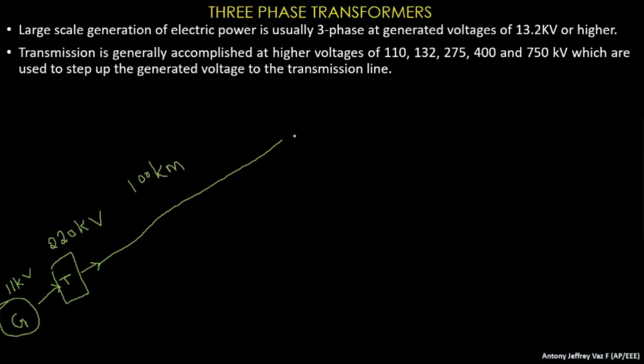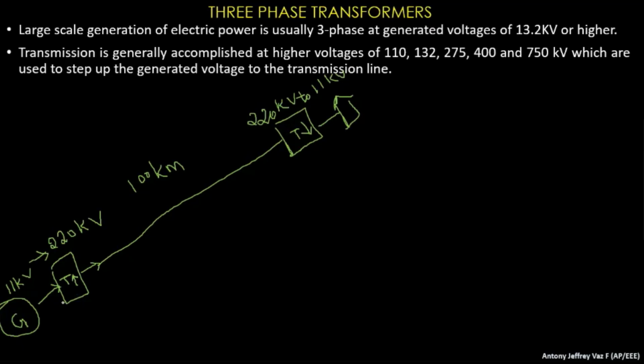Similarly, here you will have another transformer, which is a step down transformer. The first one is a step up transformer because it is converting from 11 kV to 220 kV, but here it will be converting from 220 kV to 11 kV. Here you will have your houses again.